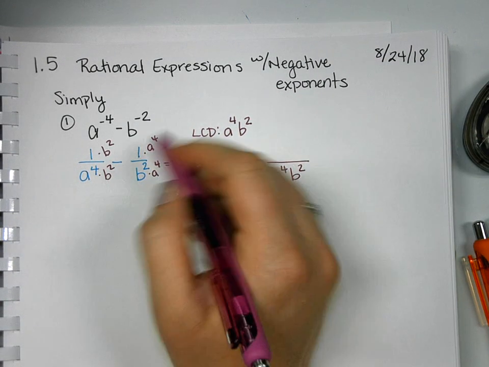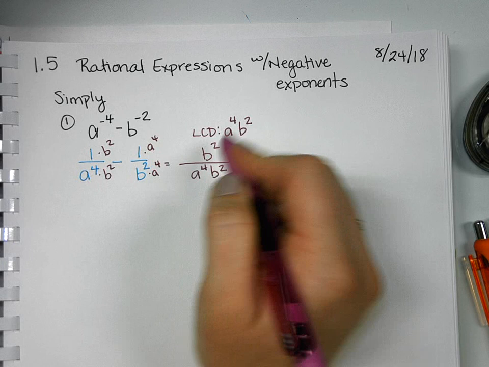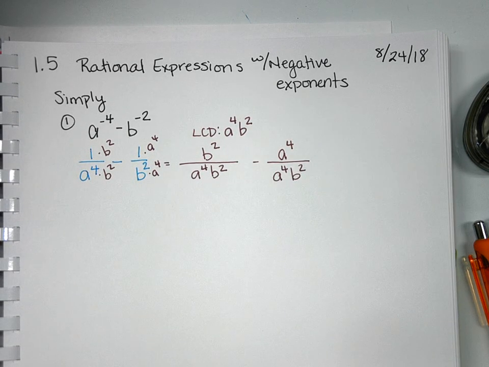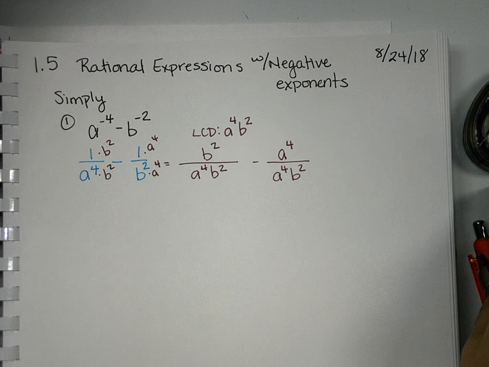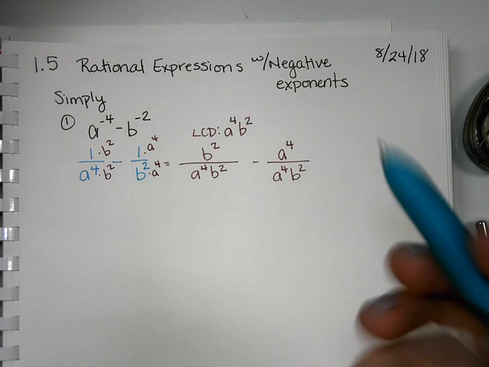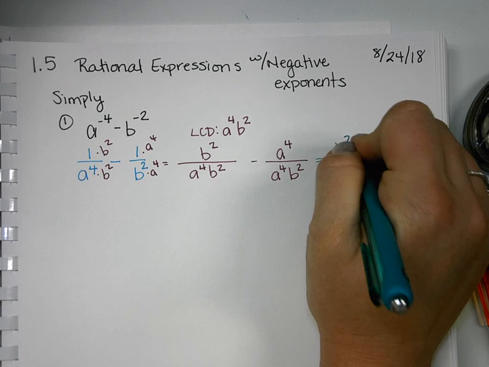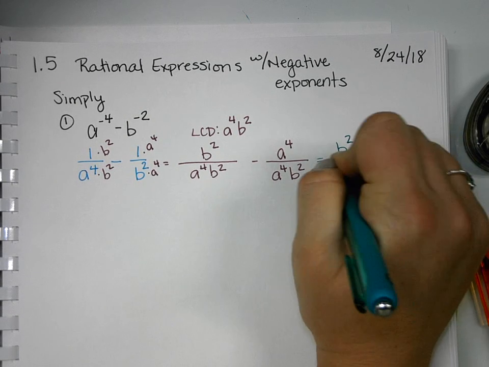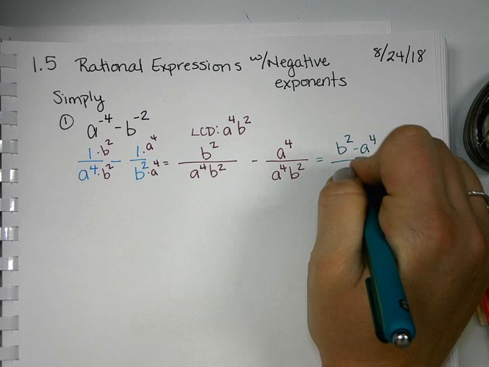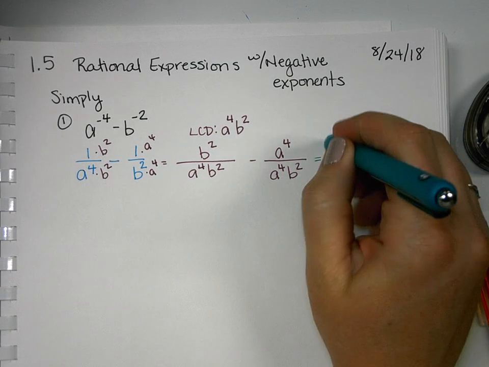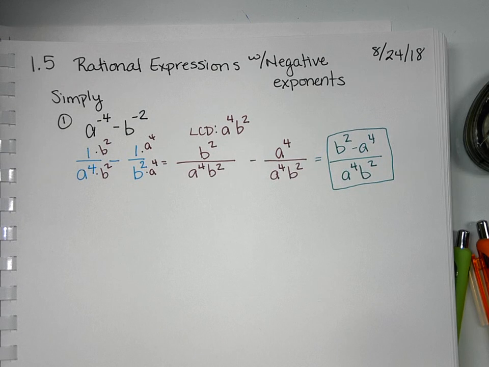So when I multiply the tops, I get b squared on the first one and a to the 4th on the second. After we've got our LCD, we can now add the fractions together. So we'd have b squared minus a to the 4th over a to the 4th b squared. And we can't simplify that any further, so we're done.